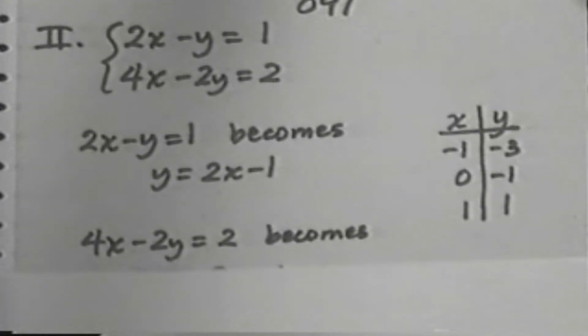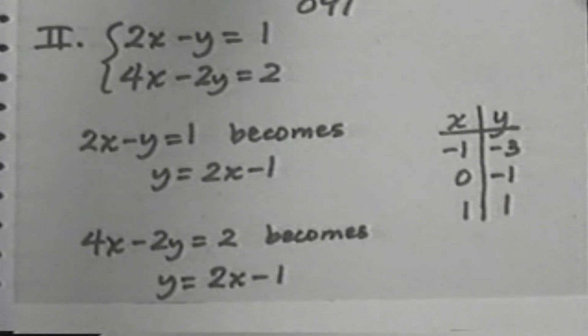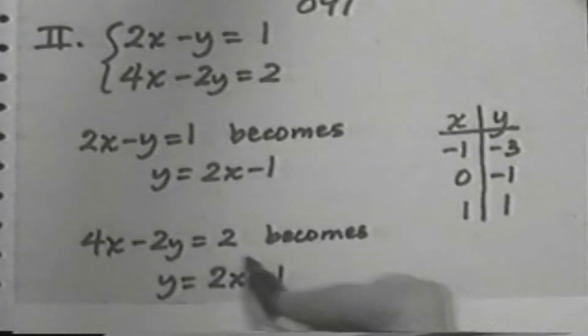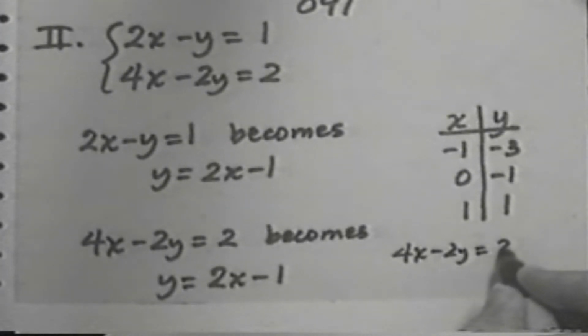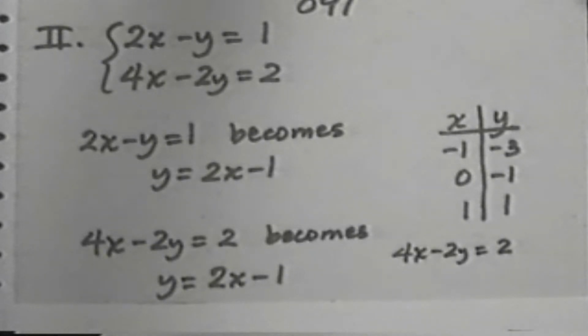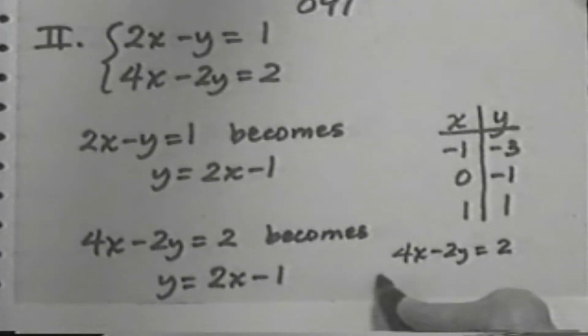Now let's look at the other equation. 4x minus 2y equals 2 becomes y equals 2x minus 1, that's what we just had. Let's double check that. 4x minus 2y equals 2. We want to get y by itself, and so we'll subtract away the 4x.